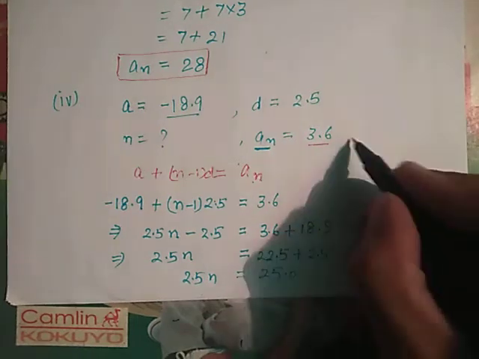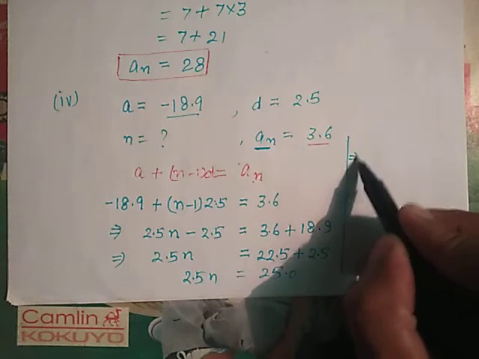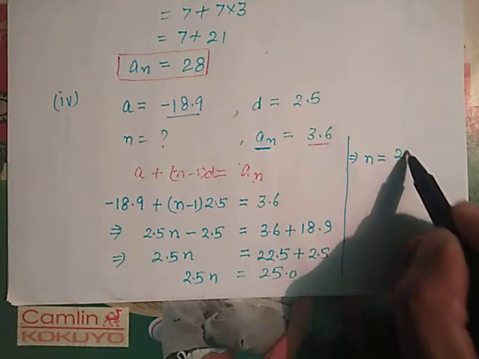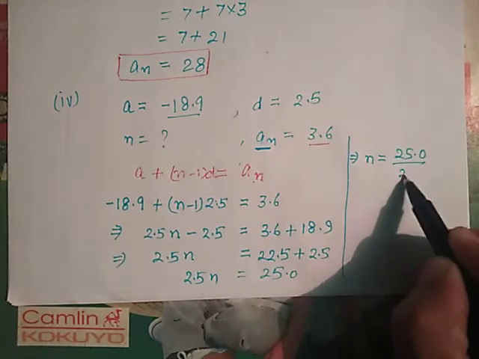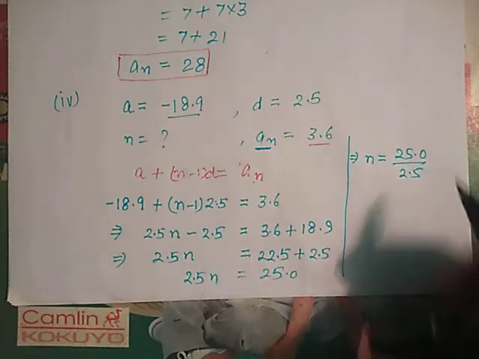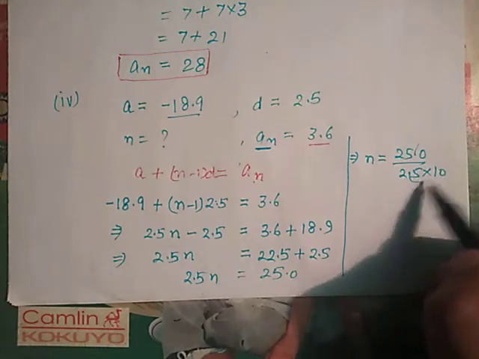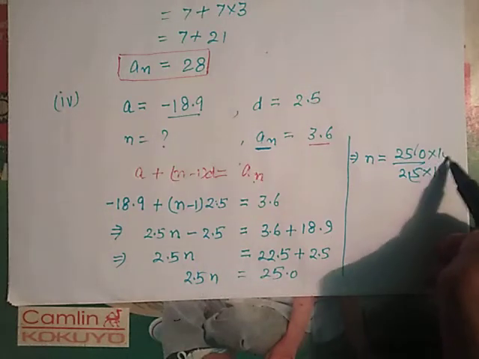Now we can find the value of n. So what will be n from here? n will be equal to 25.0 upon 2.5. So we can remove the decimal from here, we will get 10, and the decimal from here we will also get 10.